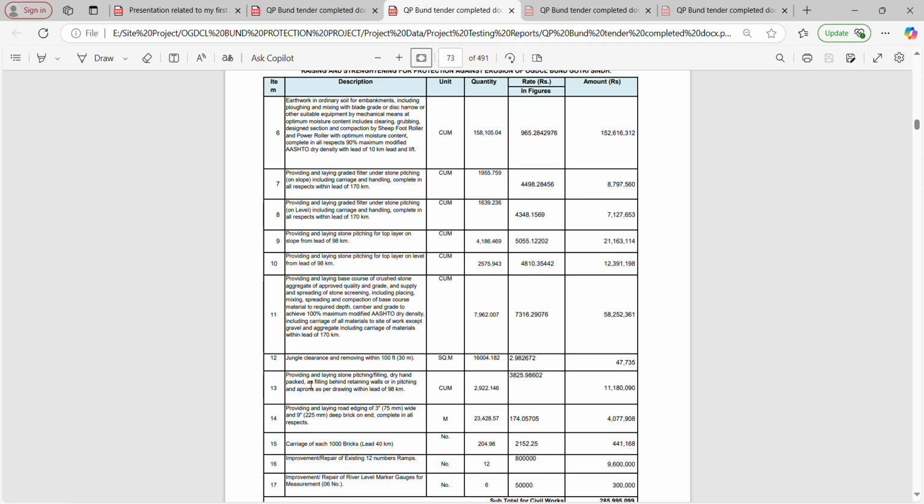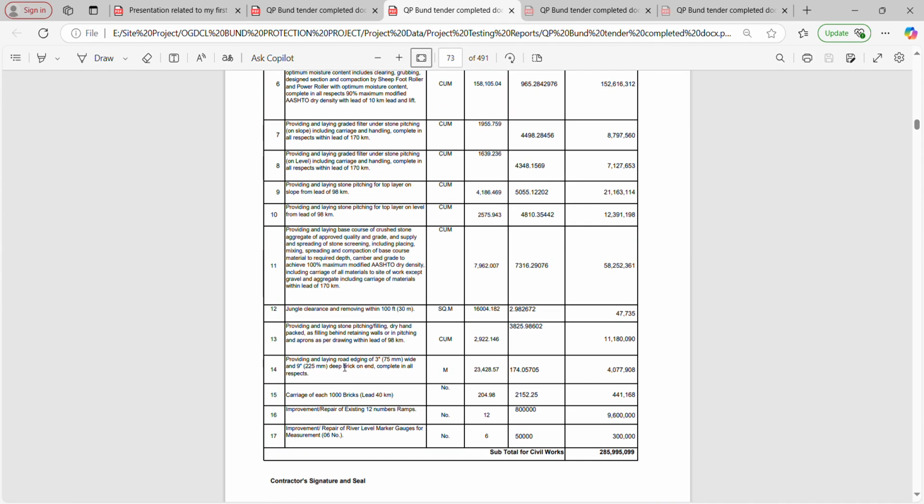Jungle clearance, stone for use in apron, brick edging on both sides of the base course, carriage of 100,000 bricks, and there are around 12 ramps on both sides, so in total it turned out to be 24.